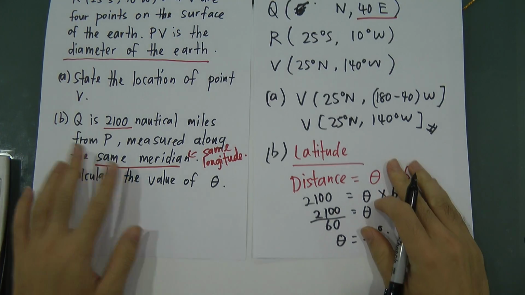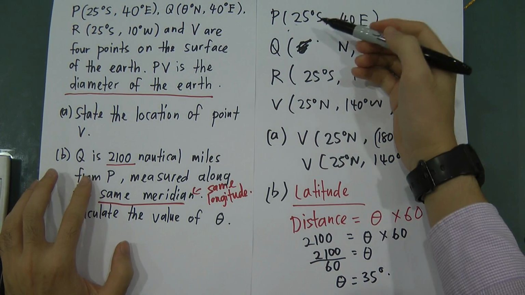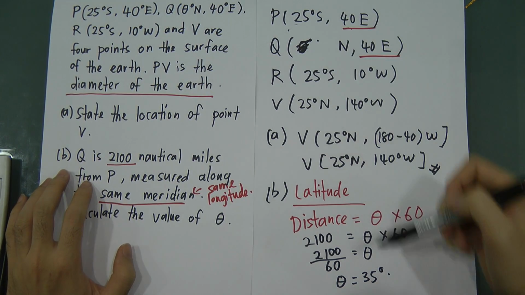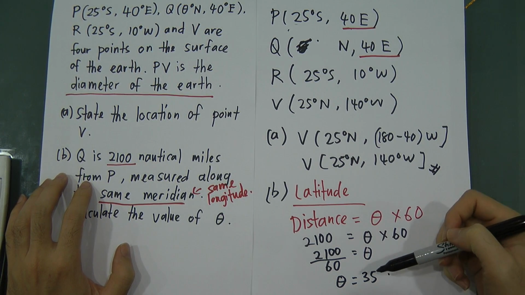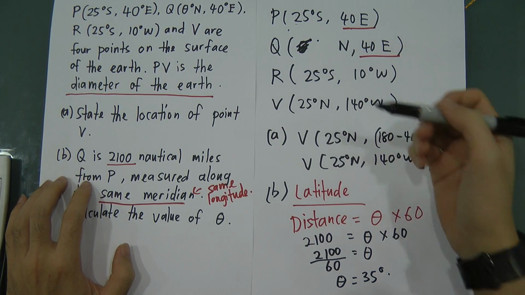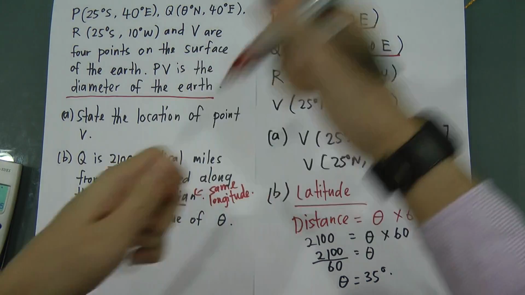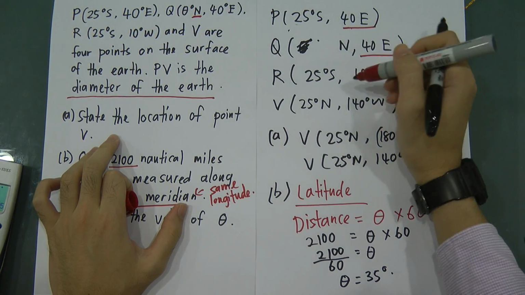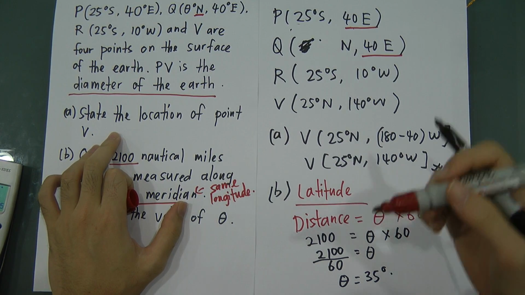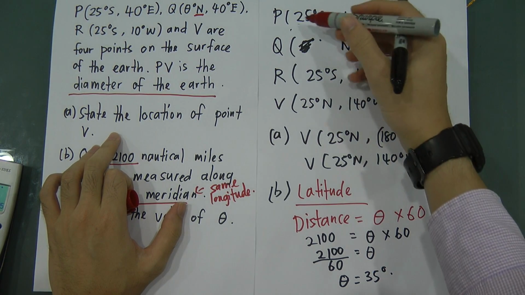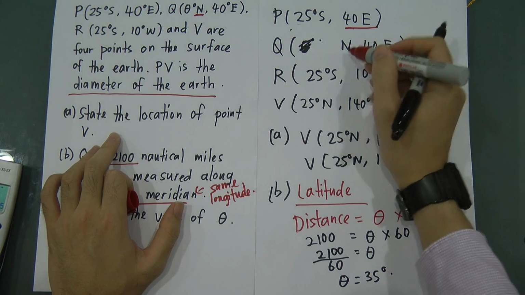Okay, that means what? If this P is located at 25S, and then he moved 35 degrees to the north. Why do I know it's north? Because Q over here, he gives you north. So I know P is moving 35 degrees to the north. If it were 35 degrees to the south, then you might get 60 south. But here it is north.